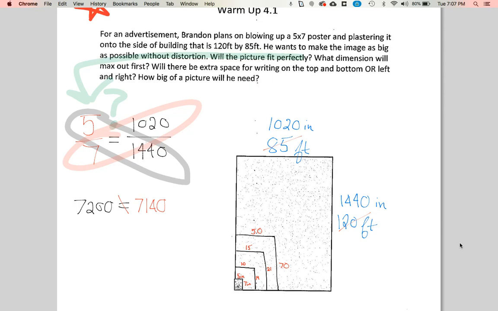It's off by 60. Which means when this thing gets bigger and bigger, it's going to look like it fits perfectly. But one of two things is going to happen. There's either going to be extra space on the top and bottom or on the left and right. And here's what we mean by that.